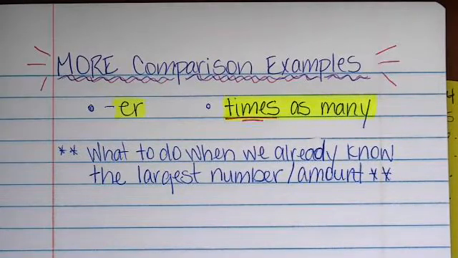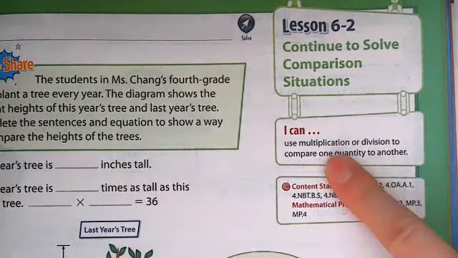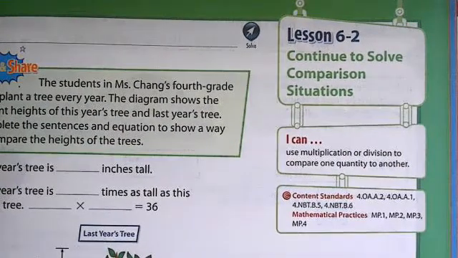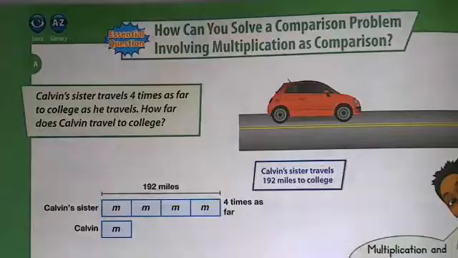If you already know the biggest amount, you're going to have to flip it into reverse. So let's go ahead and get an example problem up here. Today's focus is using multiplication or division to compare. We're going to take our multiplication portion, but flip it in reverse to do division.